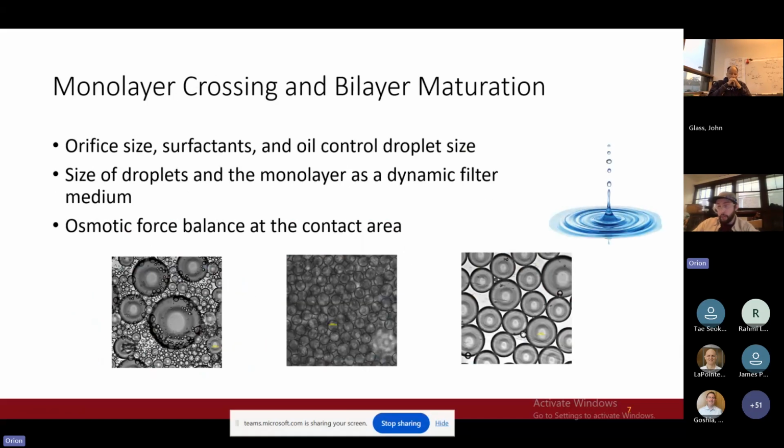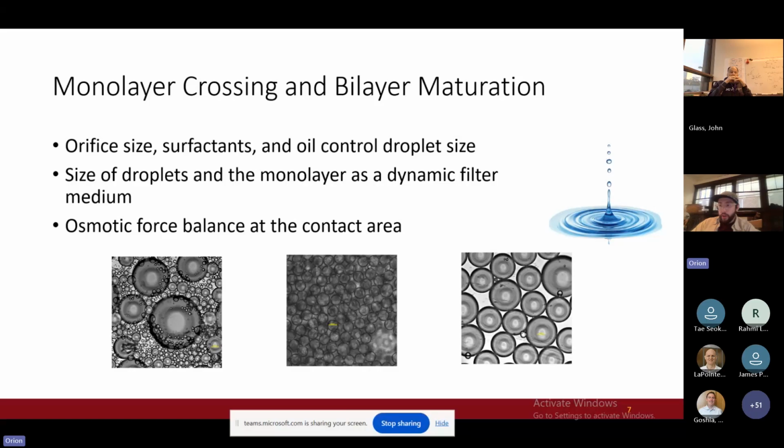And then thinking about the next step, how can we improve liposome formation by improving the process of the reverse micelle propagating through the monolayer, that is the bilayer maturation or the zipping of that outer bilayer. One of the things that was pointed out in literature, particularly with C-DICE, was that the change in orifice size was not related to a difference in liposome size.